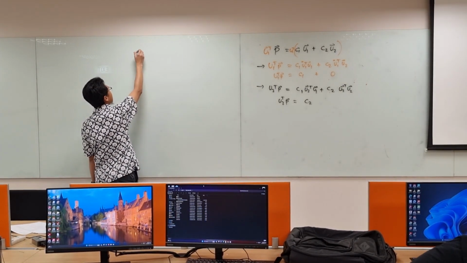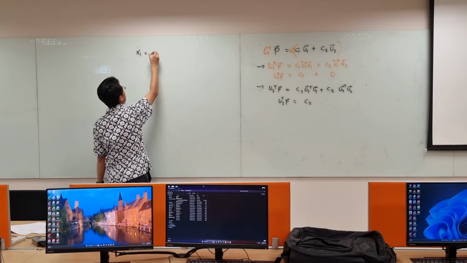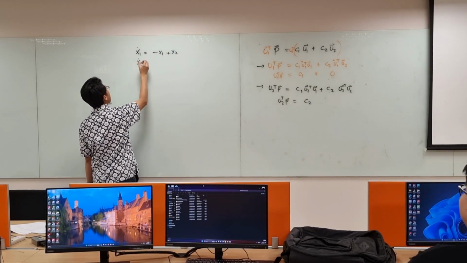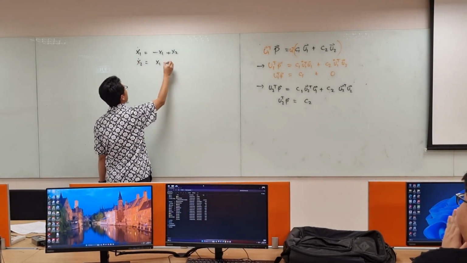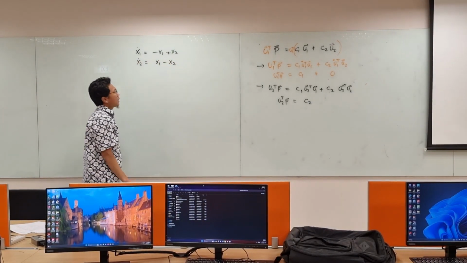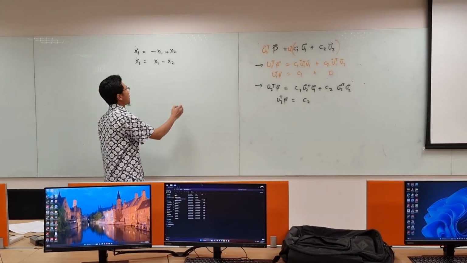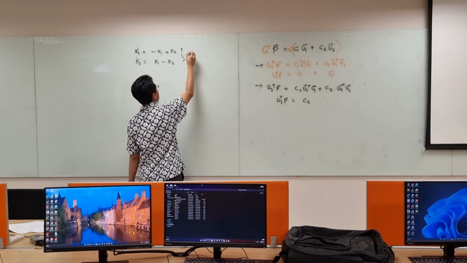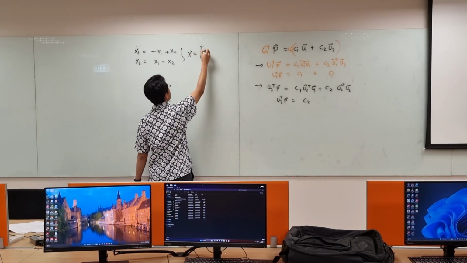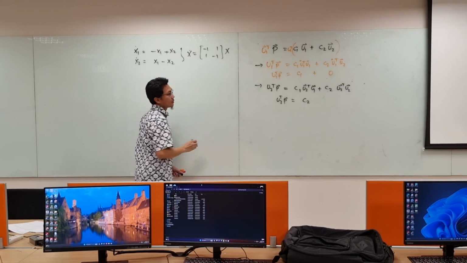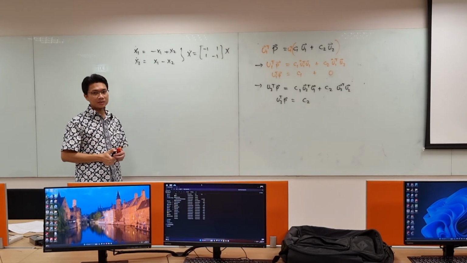Okay. Problem number 3. If you write it down in matrix form, x dot, you will know that it is coupled.